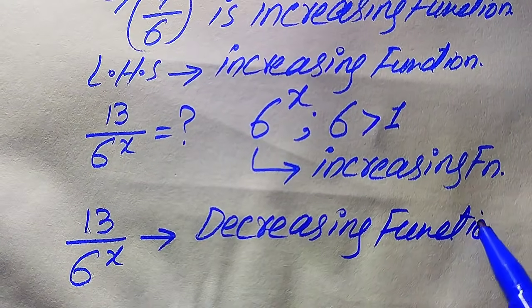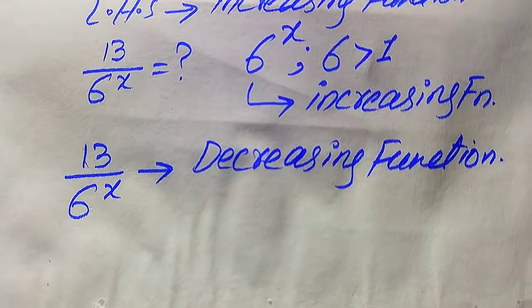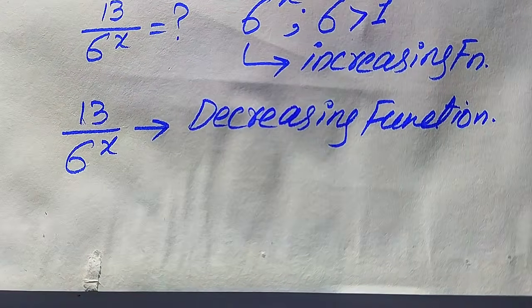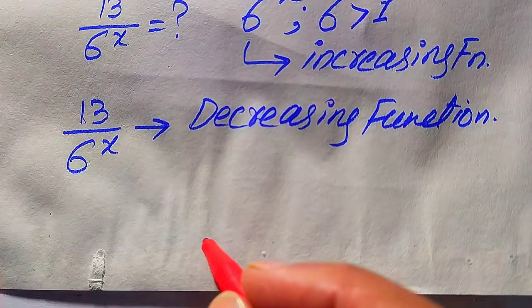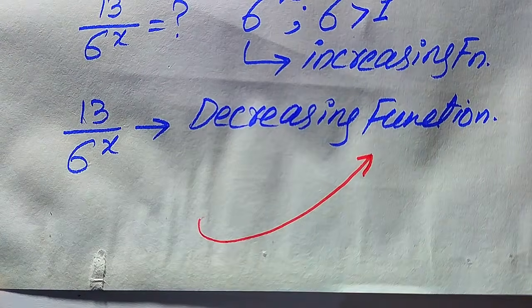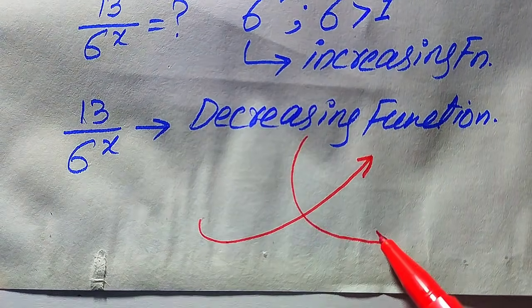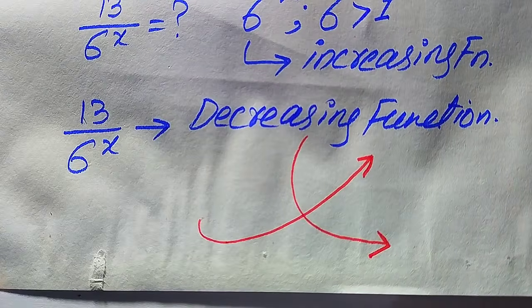And now we see that our left hand side is an increasing function and our right hand side is a decreasing function. If we make the graph of an increasing or decreasing function, the graph of an increasing function looks like this, and the graph of a decreasing function looks like this.